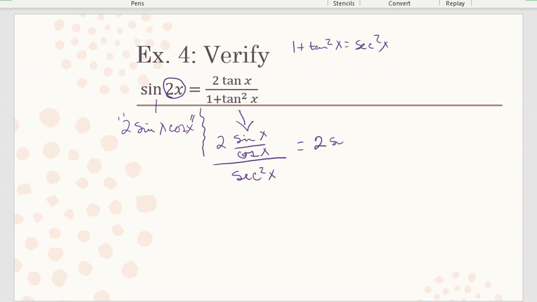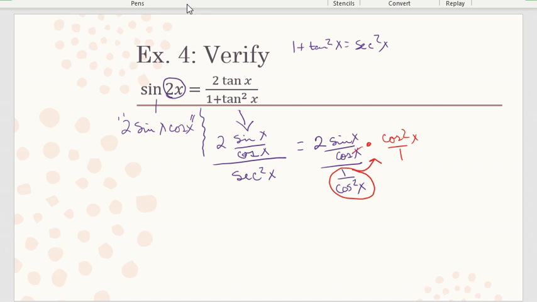So 2 sine x over cosine x over 1 over cosine squared x. Okay, so I'm going to keep change flip. This is what's going to change and flip. It's going to move up here and become cosine squared x over 1.